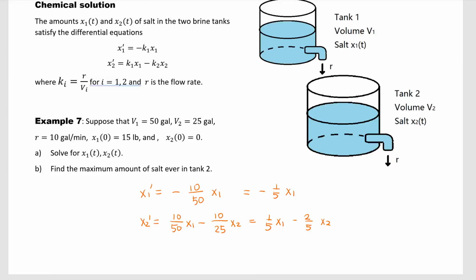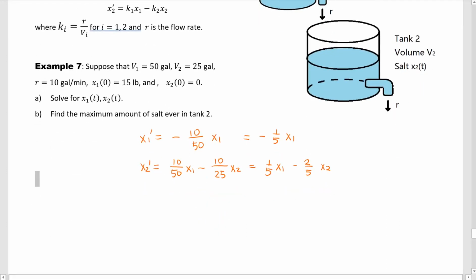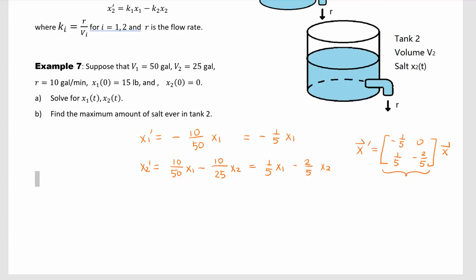Let's call the vector x = (x1, x2). Then x prime is the matrix with -1/5 and 0 in the first row, and 1/5 and -2/5 in the second row, times x. This is our matrix A. After we get the matrix A, how do we solve it?